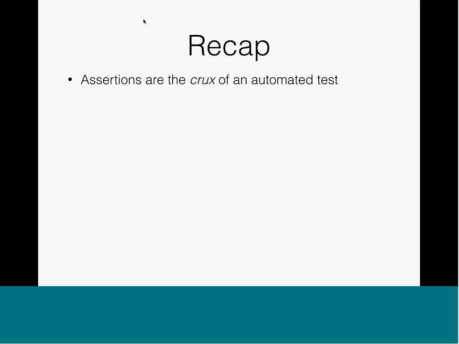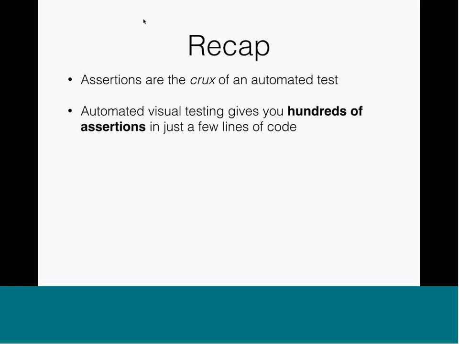So just to recap really quickly, assertions are the crux of an automated test. And automated visual testing gives you hundreds of assertions in just a few lines of code. Automated visual testing is something that's really cool, I think, probably the most interesting of automated testing technologies that exist right now, and is something everybody should consider because it automates something that used to be done manually and people think still needs to be done manually.